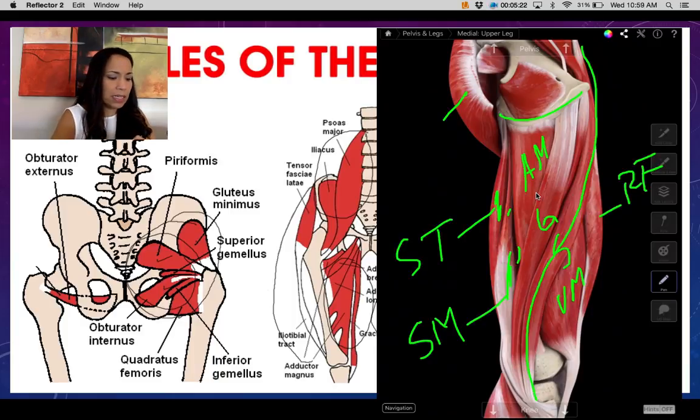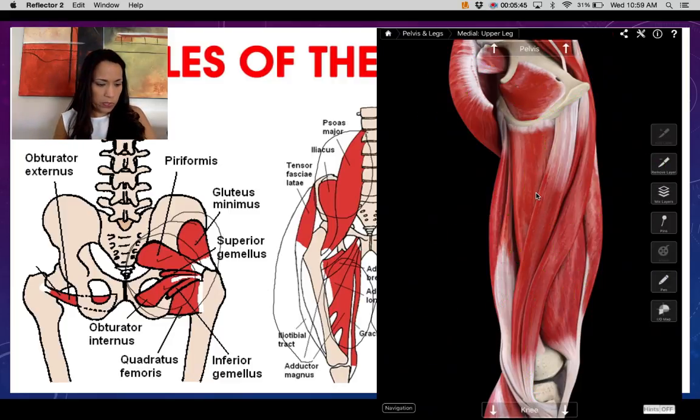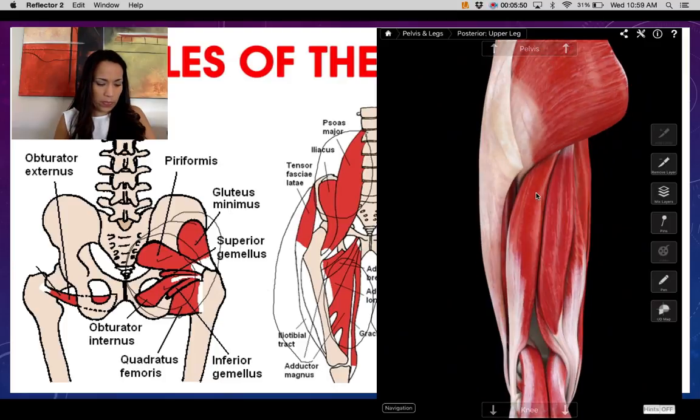In here I can see the gluteus maximus, and you notice that, actually, that's the piriformis, and this is the obturator internus. Yes, because it's towards the medial side. That's obturator internus.